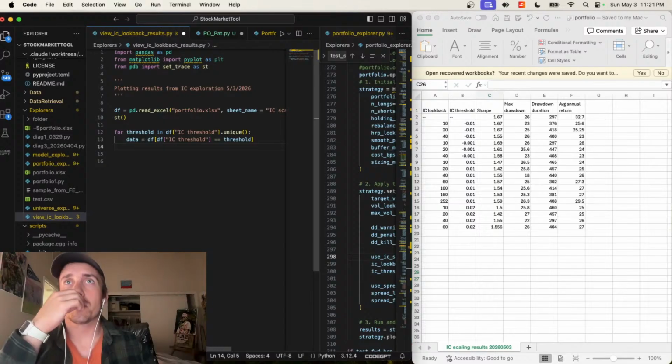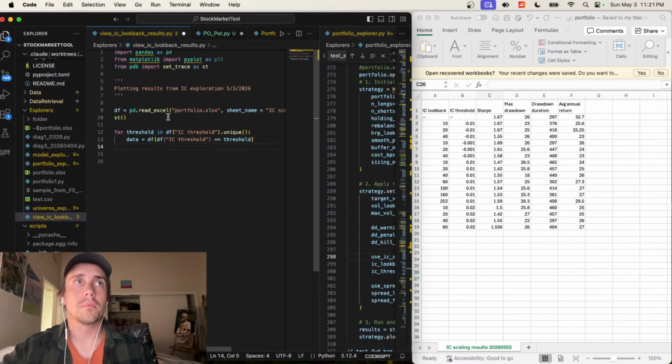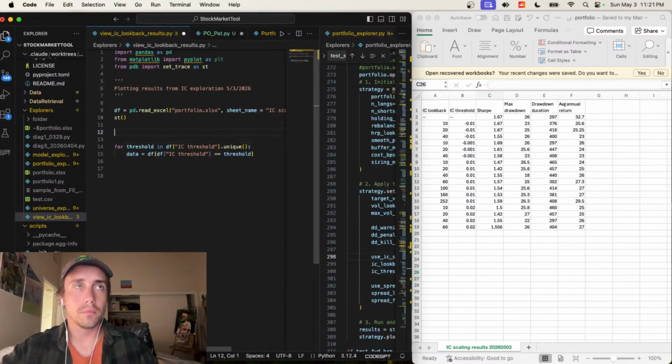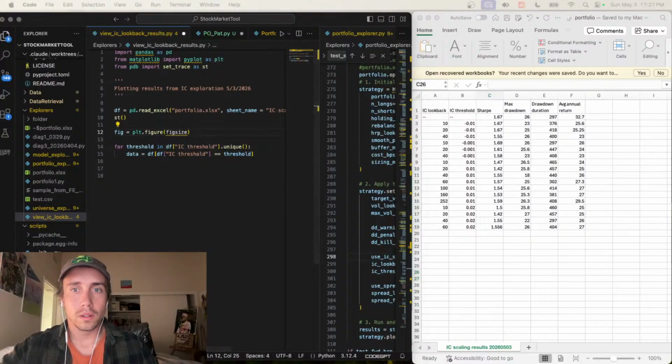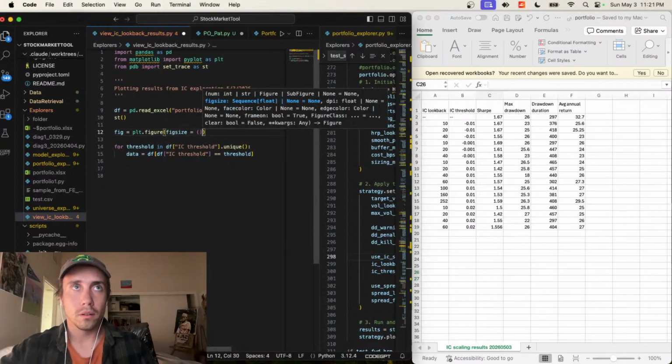Okay, then we want to plot, set the fig size to be, just say 9 by 5.